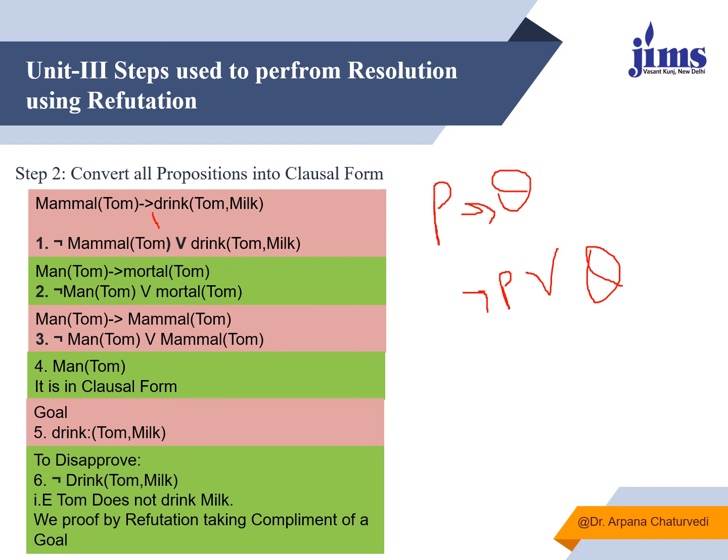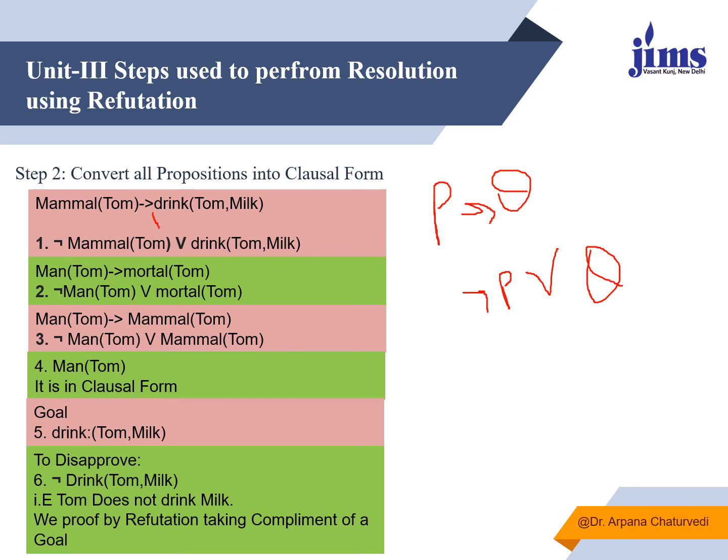Similarly, Tom is a man implies Tom is mortal, we can say Tom is not a man or Tom is mortal. Now third is Tom is a man implies Tom is a mammal. So we can write this as Tom is not a man or Tom is a mammal.